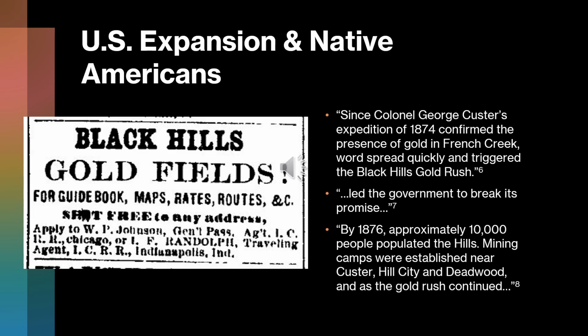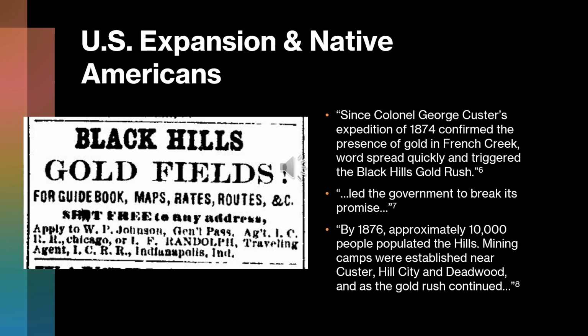So just a few years later, we have gold that's found in the Dakota Territory. Colonel George Custer, Civil War hero, right? His troops found gold in French Creek, and this sparked a mass movement of Americans to the area.